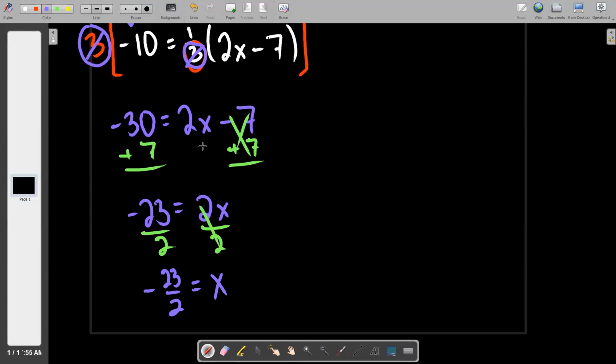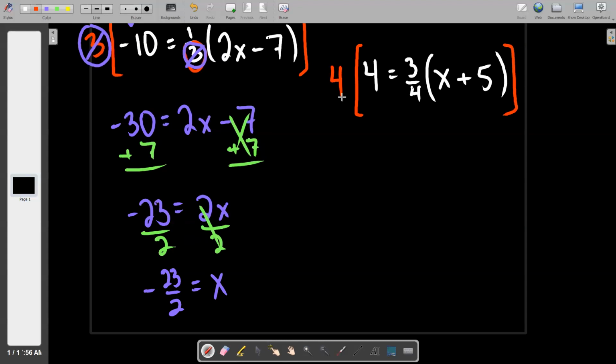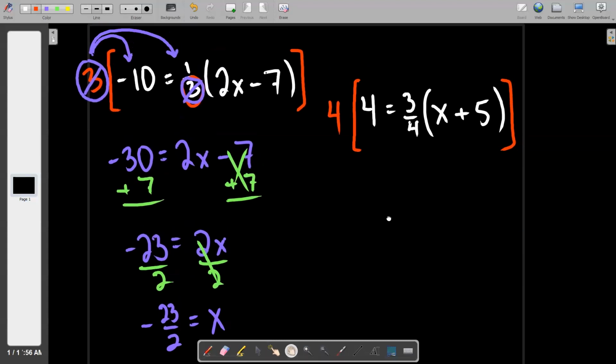Okay. For the second problem, I'll do it over here. We have 4 equals 3/4 times the quantity of x plus 5. This is effectively the exact same problem over again, but again, I wanted to check up and make sure that you understand that there is a leftover when the fraction killing takes place. So when I monster bracket this and I multiply by, of course, 4, the 4 will multiply to 2 different places.